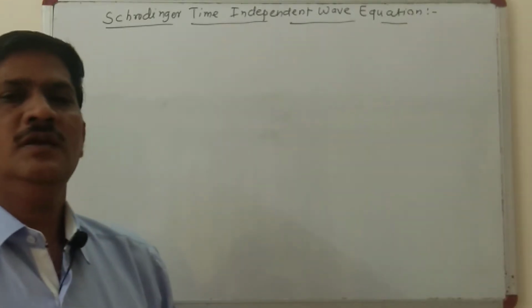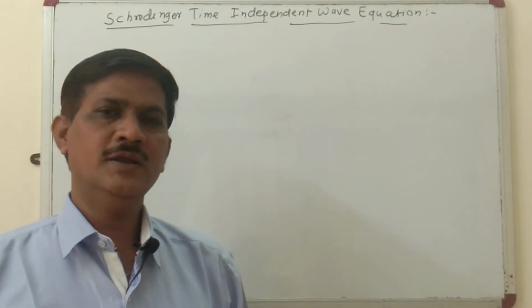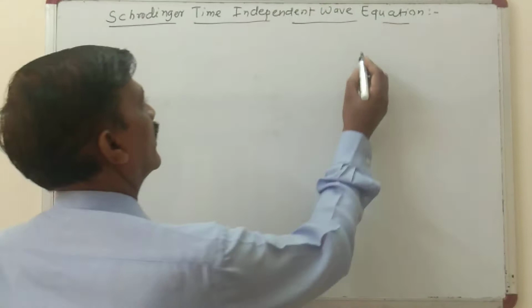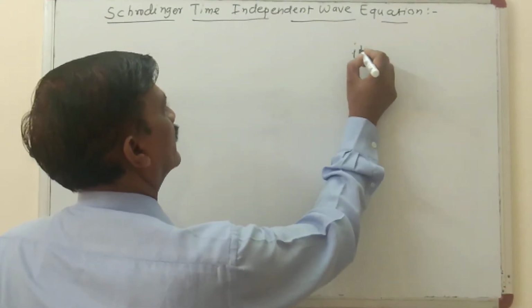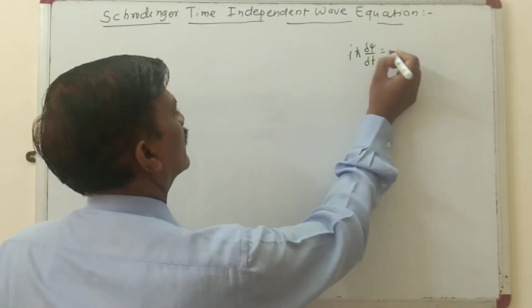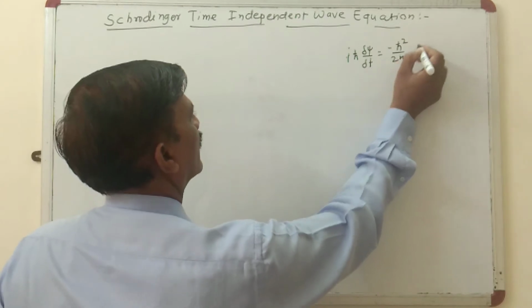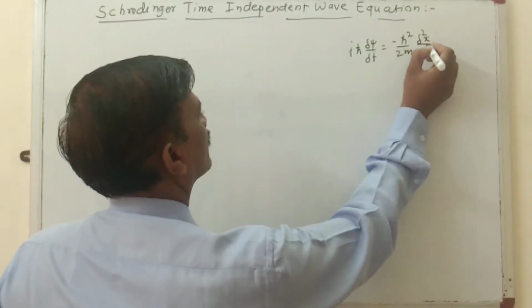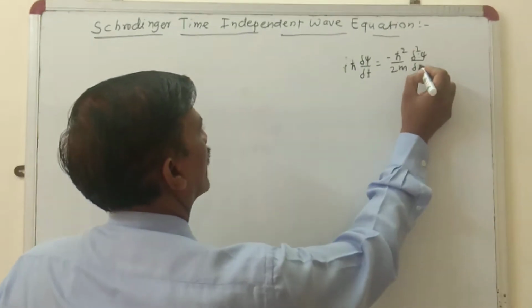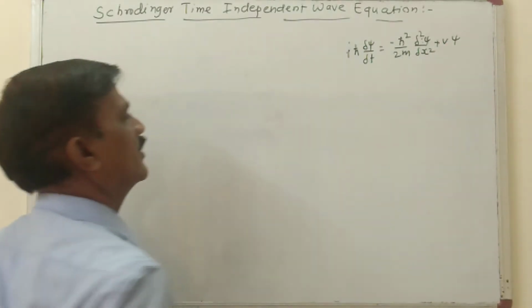Students, in lecture 3 we already know the time dependent Schrodinger wave equation, that is, iħ ∂ψ/∂t = -ħ²/2m ∂²ψ/∂x² + Vψ.